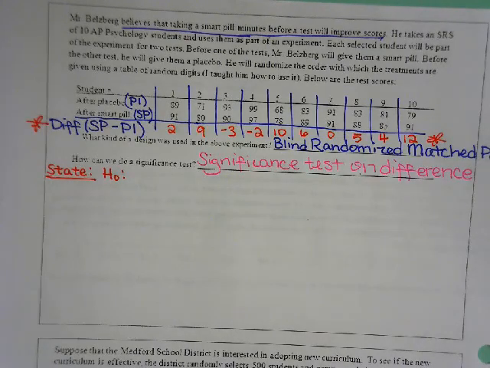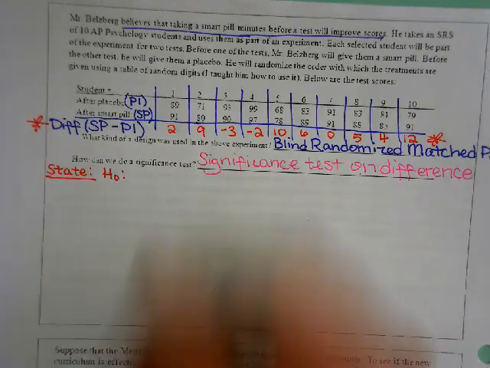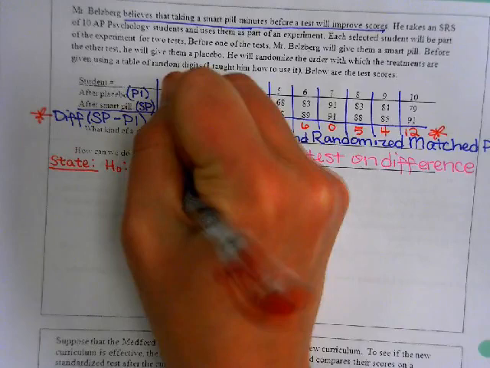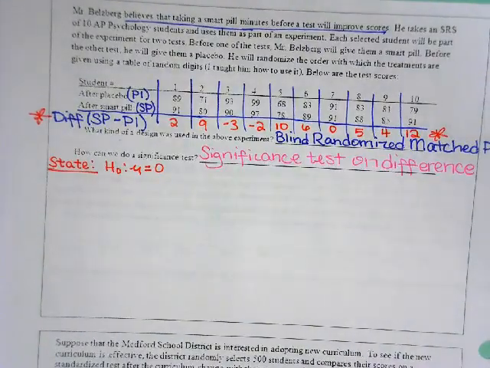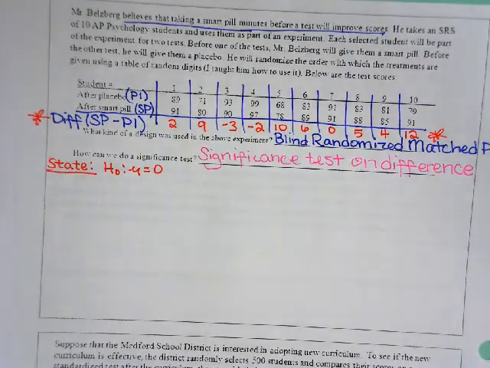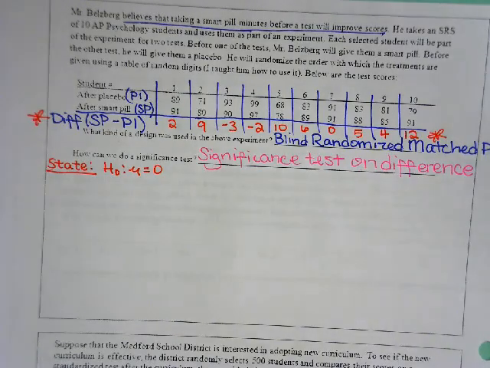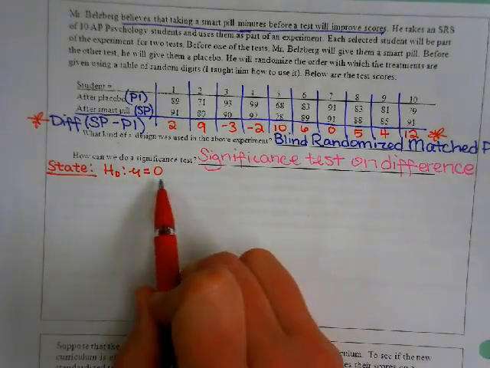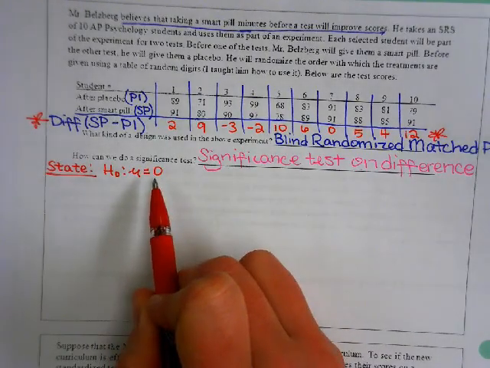That there is no difference between taking a smart pill and a placebo. I know this is asking you to think way back, but last week when I first introduced significance tests, I did say in the notes that sometimes your null hypothesis is a statement of no difference, which is what we're saying here, that there is no difference between a placebo and a smart pill.